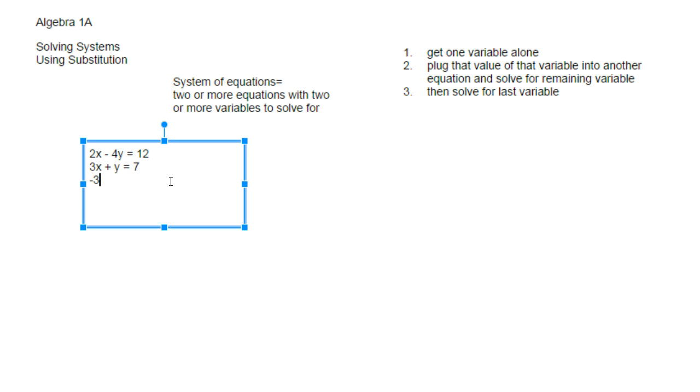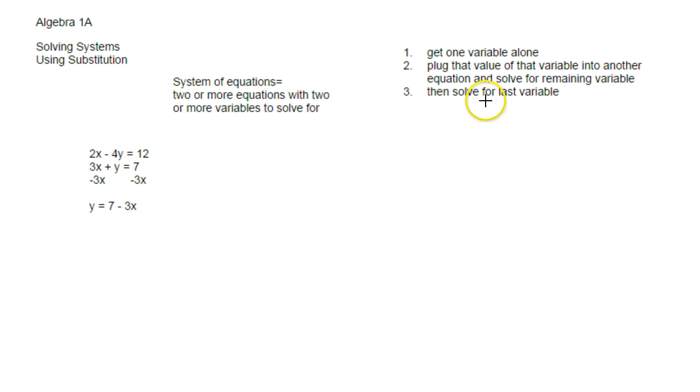So I'd go minus 3x and minus 3x, and it doesn't matter how you rewrite it. Then I would have y equals either 7 minus 3x or negative 3x plus 7, whichever way. So that's step number one: get one variable alone. In this case, we are getting y alone.